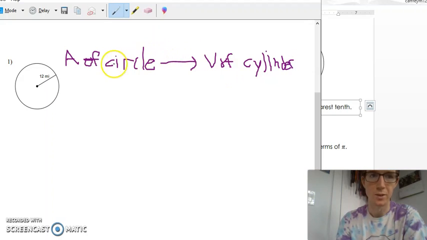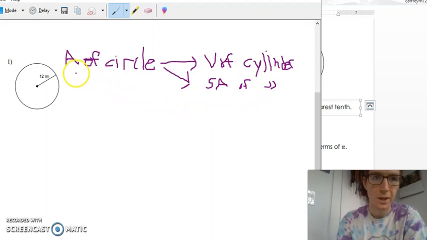So that's really important. So if you find the area of a circle, it'll help you find the volume of a cylinder. It'll also help you find the surface area of a cylinder. So the area of a circle will help you on the volume of a cylinder and the surface area of a cylinder. The circumference, C, of a circle.